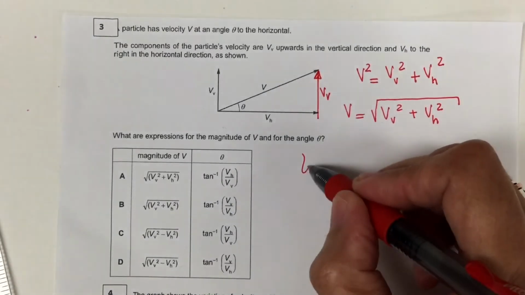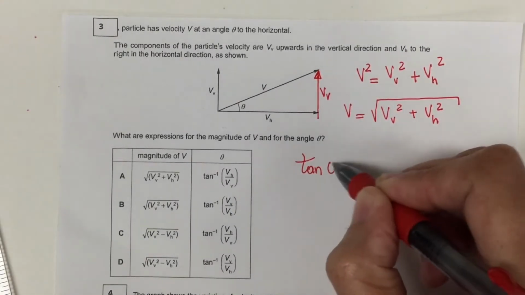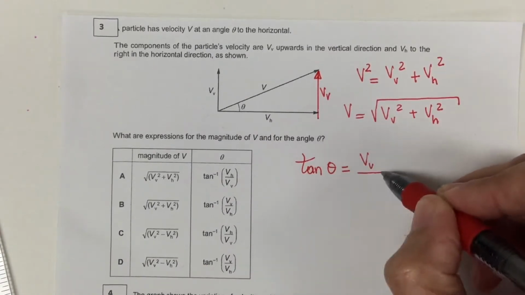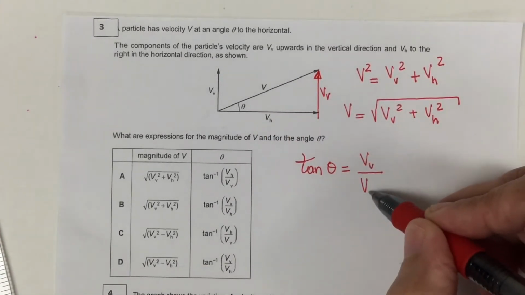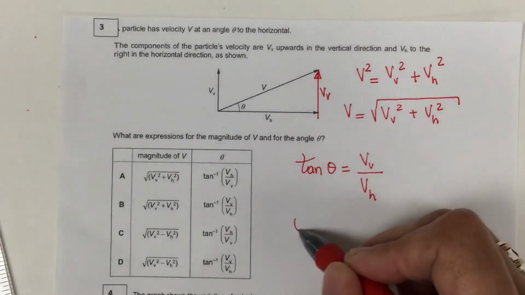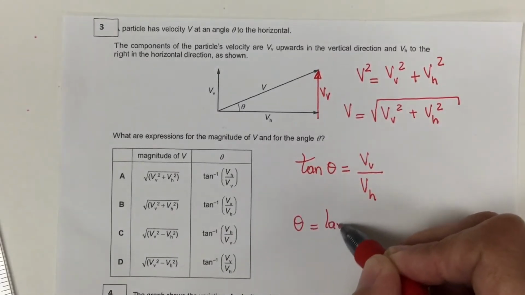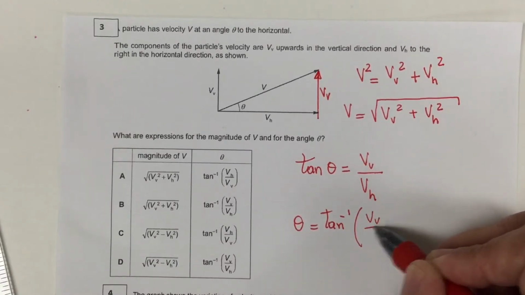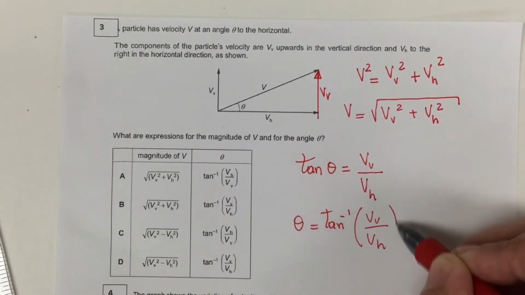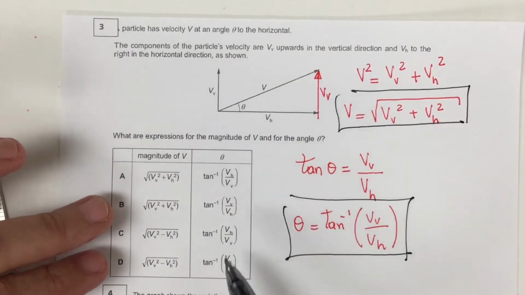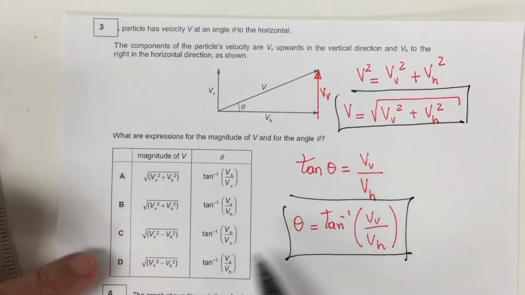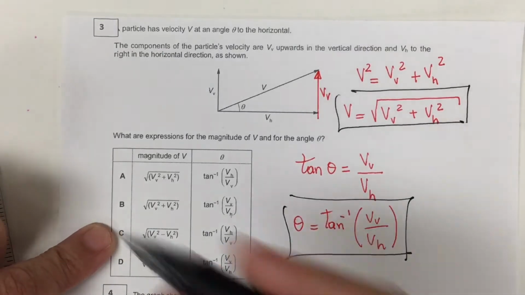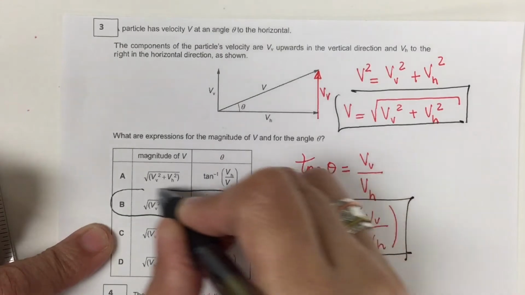The tangent of this angle is the opposite, which is vv, over adjacent, which is vh. So this angle is the inverse tangent of vv over vh. So this is option B.